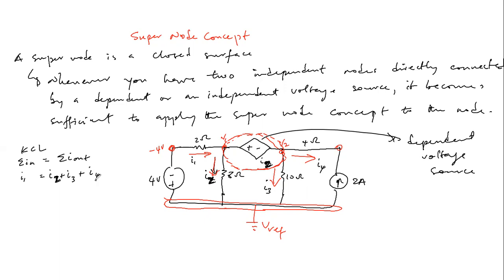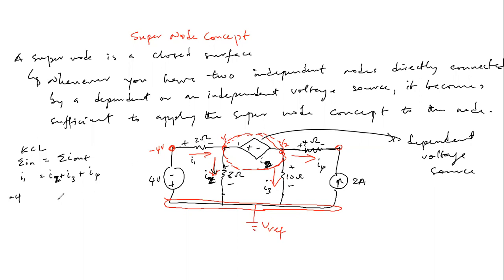Okay, so we can represent this in terms of the node voltages, which is still minus 4, positive, negative. Let's assume there's a resistor here. It's not a short circuit. It's positive, negative, positive, negative, positive, negative.